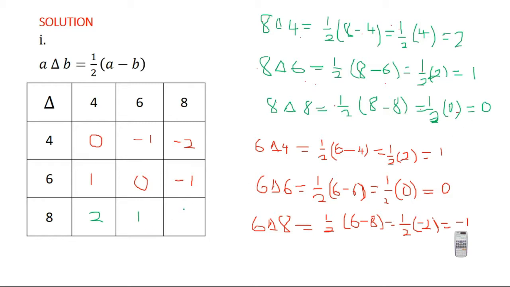So this place is 0. So you can see from here that we have now completed the table.